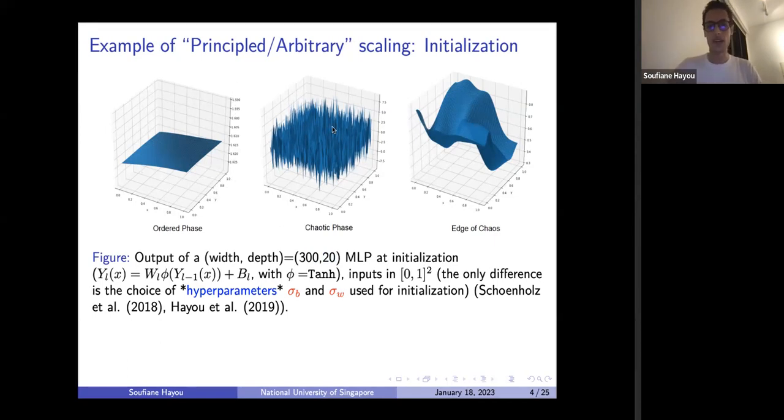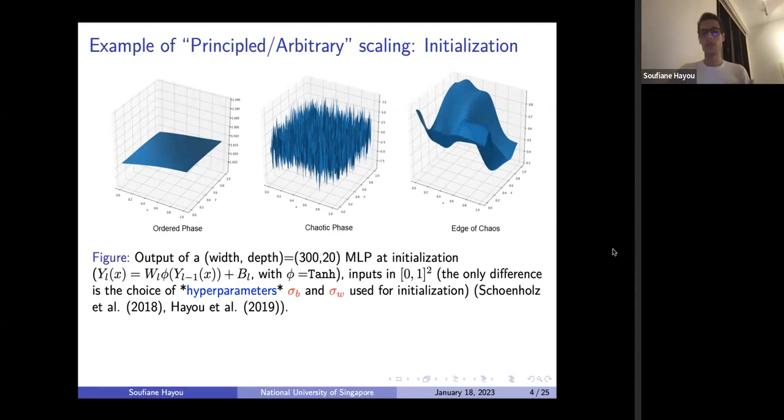This is the network output at initialization, and the only difference between these three figures is the way we initialize the weights W and the bias B. Here I'm using a zero-mean Gaussian initialization, with variance sigma_b squared for the bias and variance sigma_w squared, scaled by some factor that we'll talk about later, for the weights. By just changing the values of sigma_b and sigma_w, we obtain completely different behaviors.